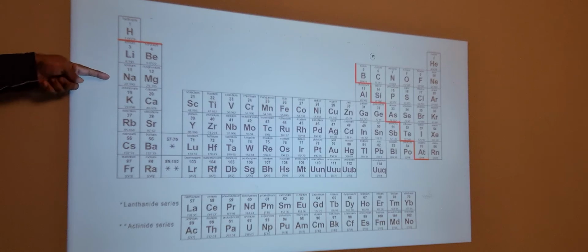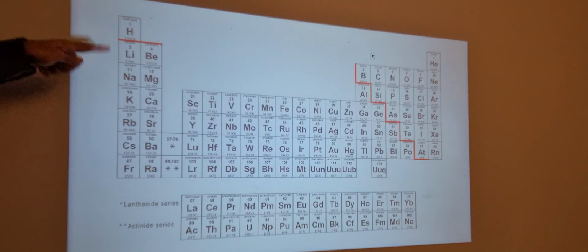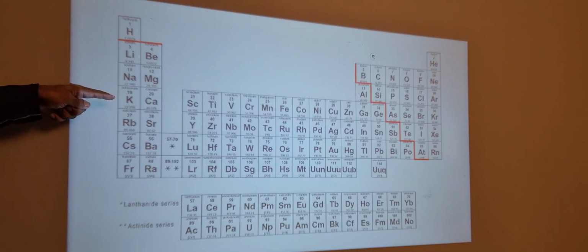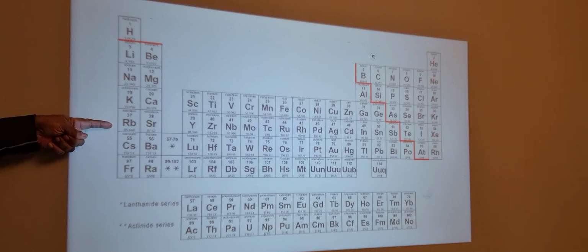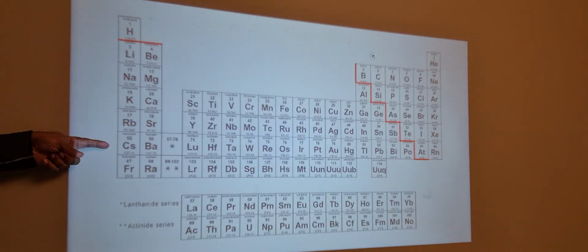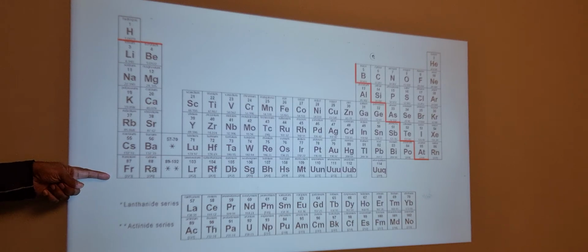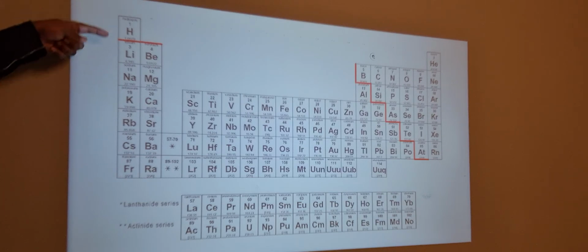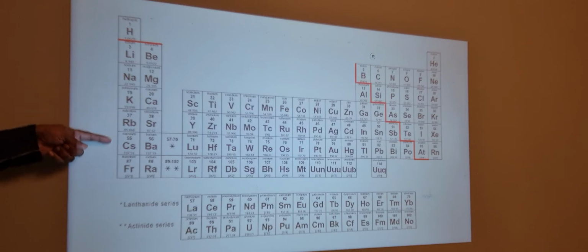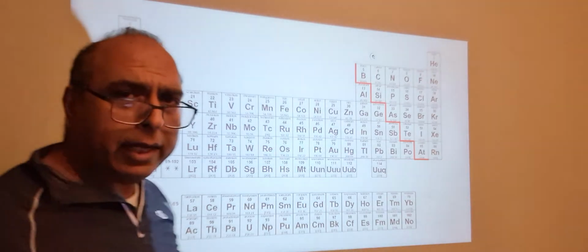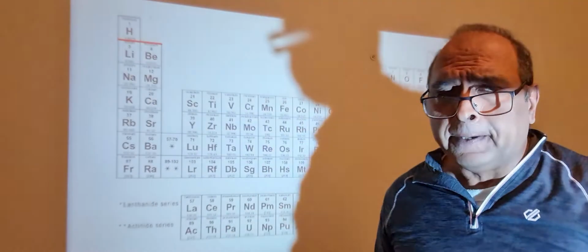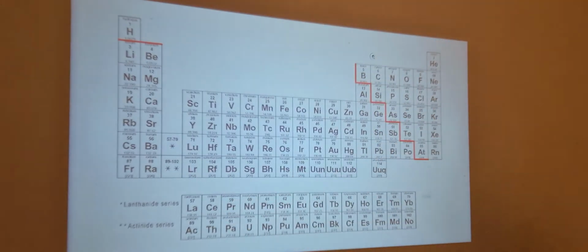The next 8 elements are period 3. The next elements here are 18 of them. They're period 4. Those are period 5. Those are period 6. And those are period 7. So I want you to number them 1, 2, 3, 4, 5, 6, 7. And I want you to write on your periodic table that those are the periods.